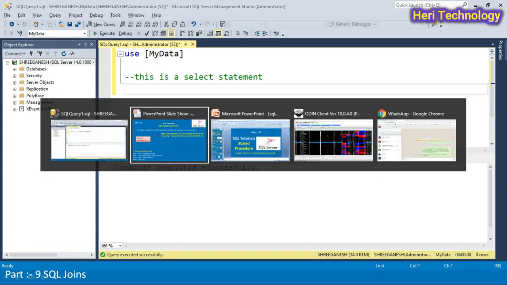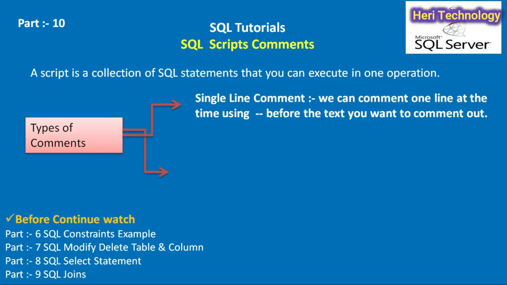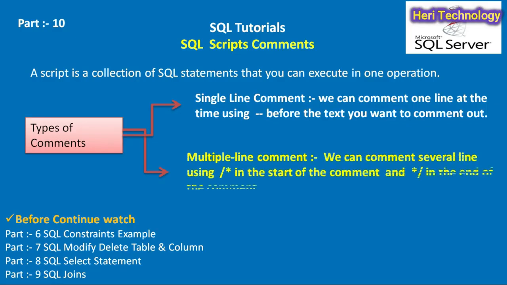Now we learn about multi-line comments. With multi-line comments, we can comment several lines using the divide and star symbols at the start of the comment, and the star and divide symbols at the end of the comment.